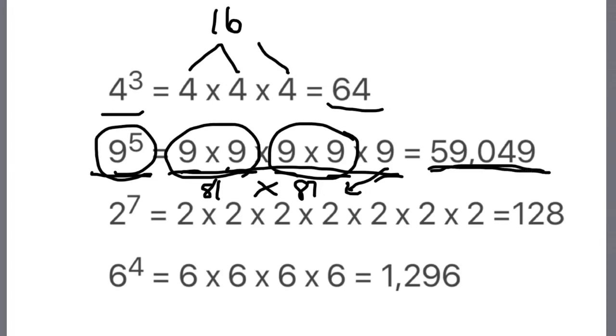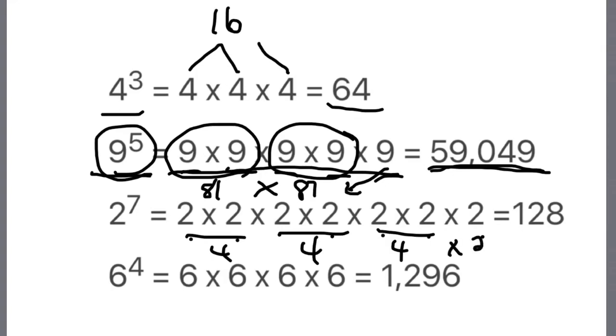The answer. 2 to the 7th power is 2 times 2 times 2 times 2 times 2 times 2 times 2. There are 7 2's. It is not 14. It is not 2 times 7. This is 2 times 2 is 4. 2 times 2 is 4. 2 times 2 is 4.